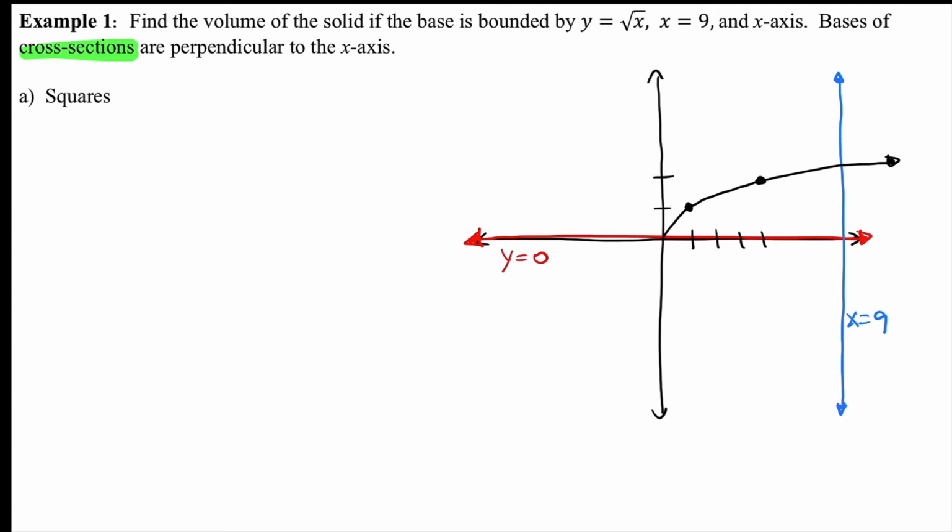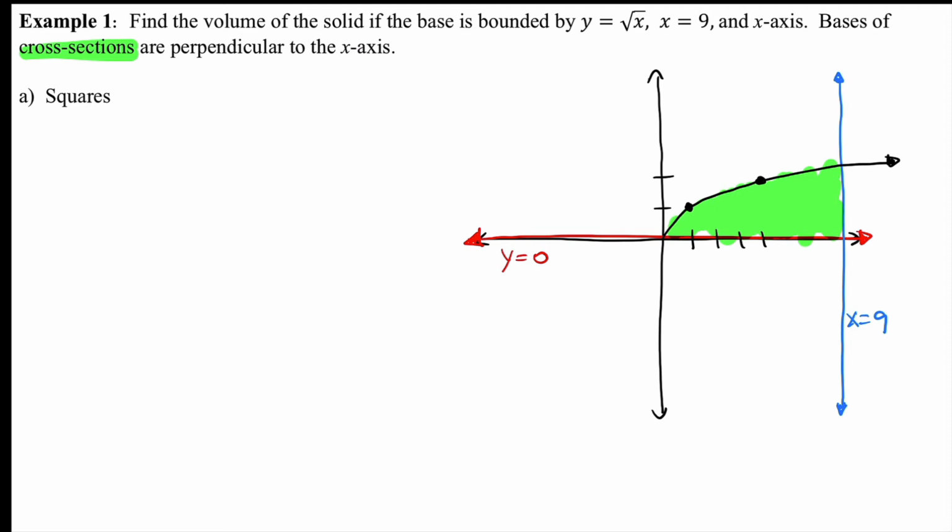Okay. So the area is bounded. Well, the only area bounded is right here. That's the area we're talking about. That green part is not revolving around anything. Squares are going to go on top of it.